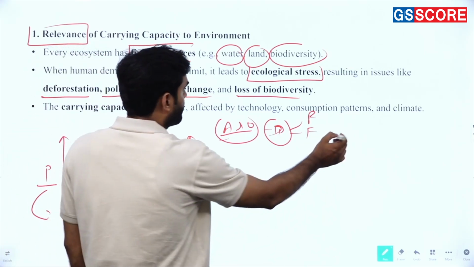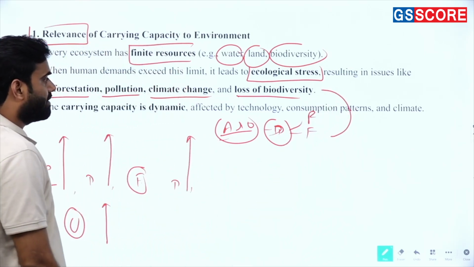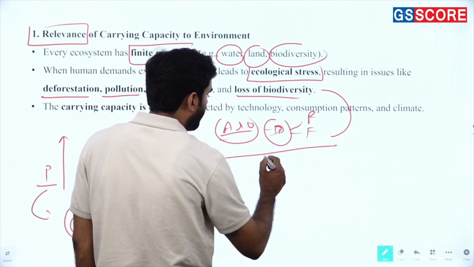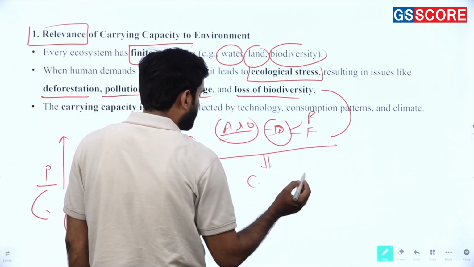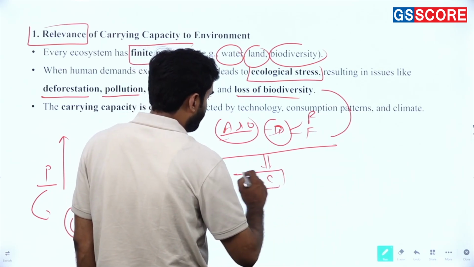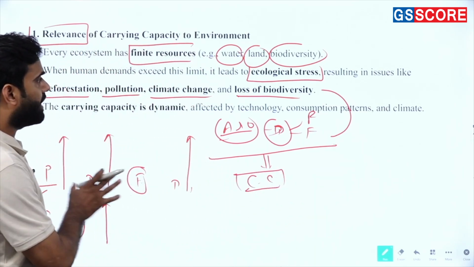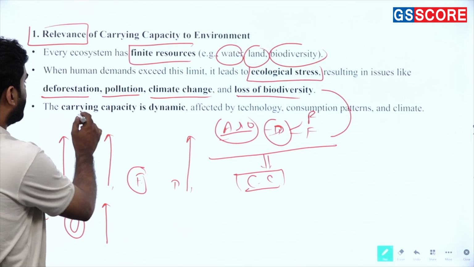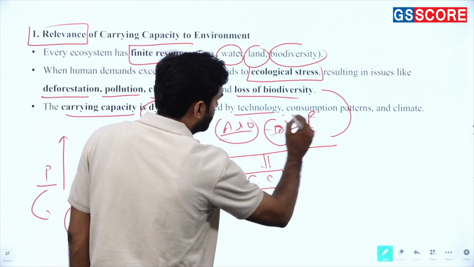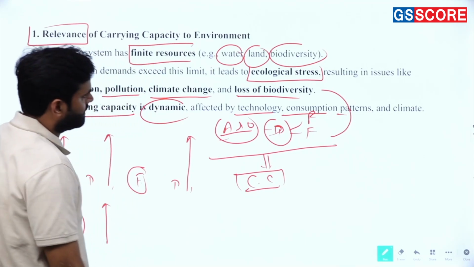So what will happen in the end? Loss of biodiversity. Getting my points? And when all this happens, collectively you know this is climate change. The carrying capacity is dynamic, affected by technology, consumption pattern, and the climate.